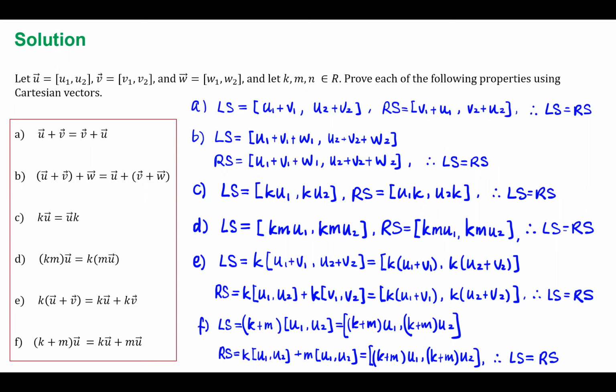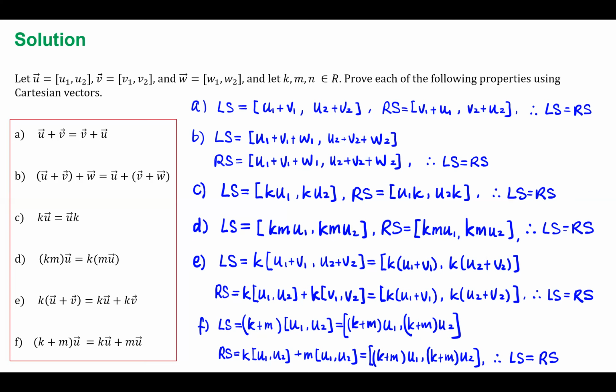So note that u1, u2, v1, v2 are scalars. Therefore, we know u1 plus v1 equals v1 plus u1, and u2 plus v2 equals v2 plus u2. Therefore, the left side equals the right side. So this statement has been proved.